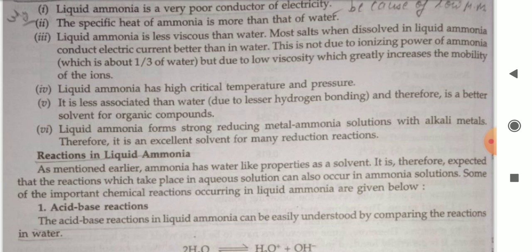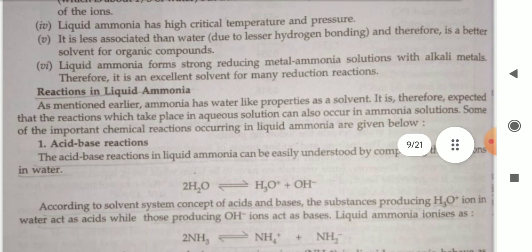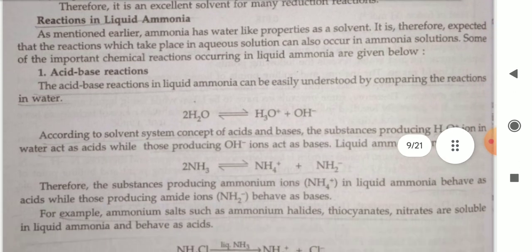The acid-base reaction in liquid ammonia can be easily understood by comparing it with the reaction in water. 2H2O gives H3O positive plus OH negative. According to the solvent system concept of acids and bases, the substances producing H3O positive ion in water act as acids, while those producing OH negative act as bases. Liquid ammonia ionizes as 2 NH3 giving NH4 positive plus NH2 negative.